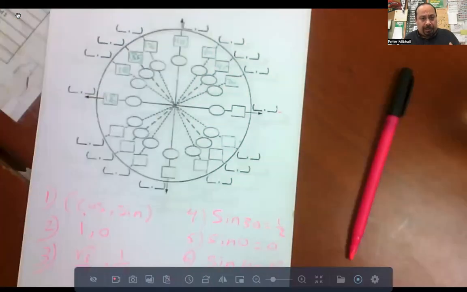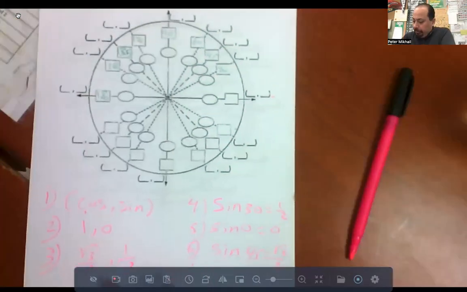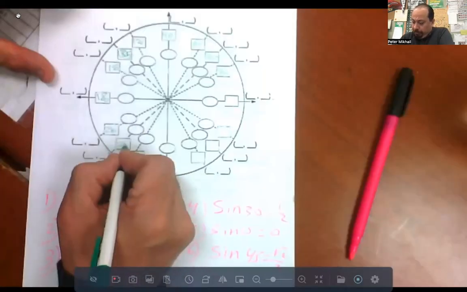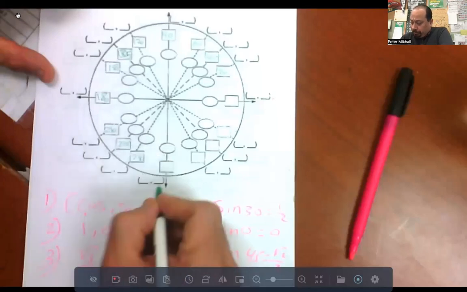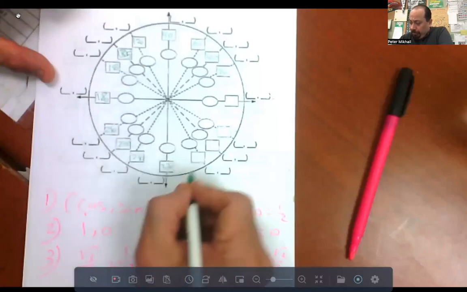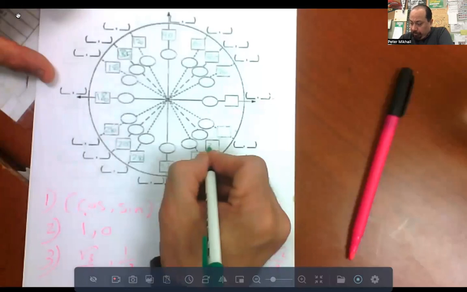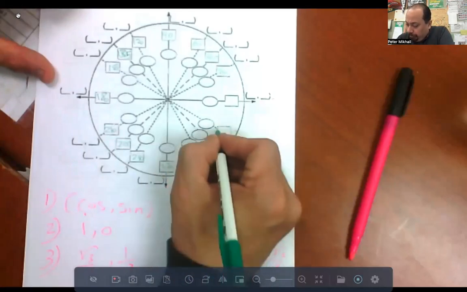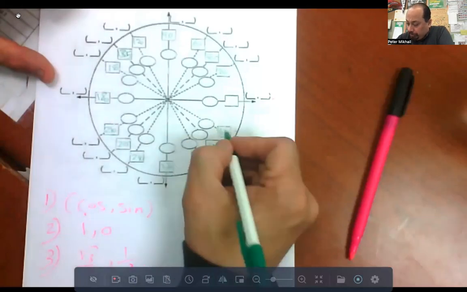We know this from the previous lesson, that's why I'm going a little quicker. Then 210, 225, 240, 270, 300, 315, 330, and 360.